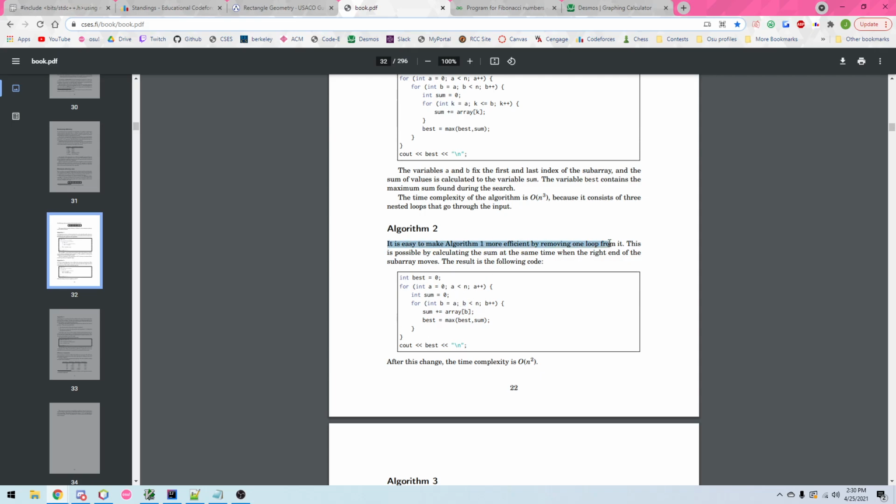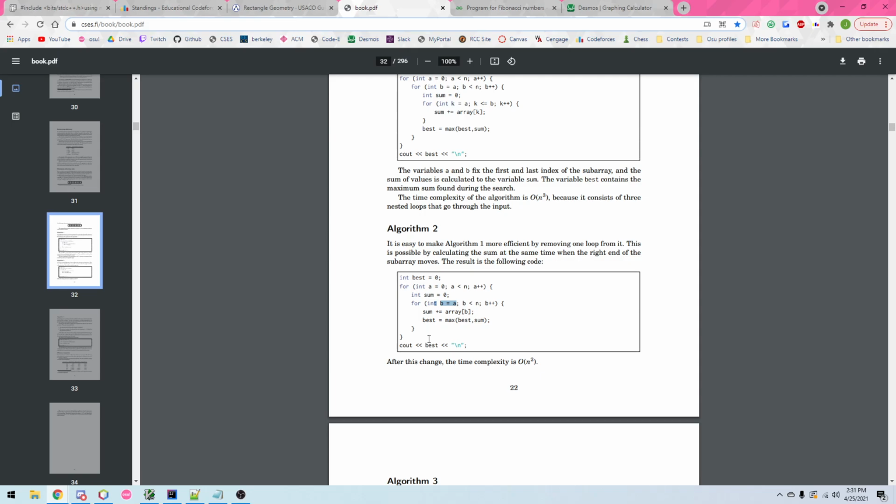So they say we're gonna remove a for loop from it. Calculate the sum at the same time when the right end of the subarray moves. So A will still represent our left endpoint, but we're gonna have n be our endpoint, and then we're gonna add A at each step.